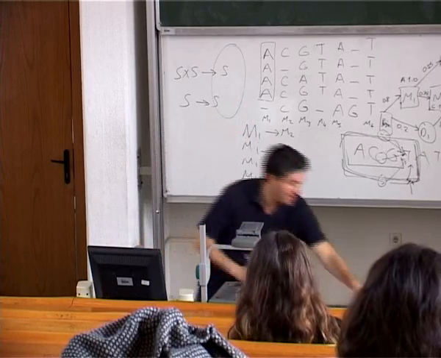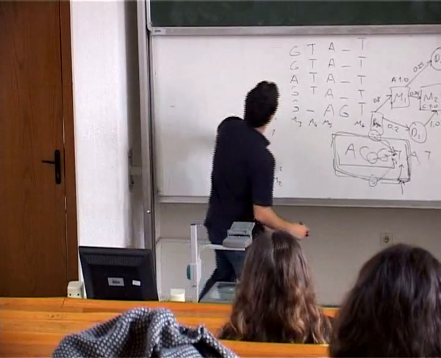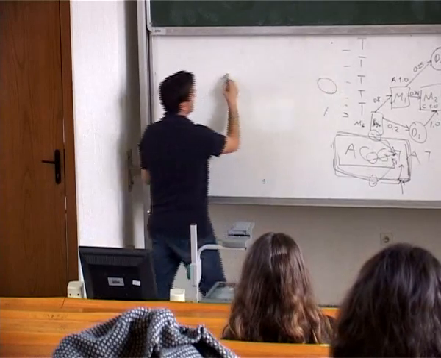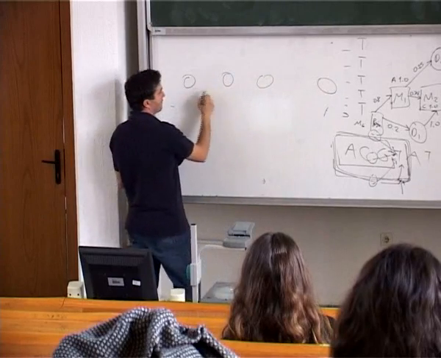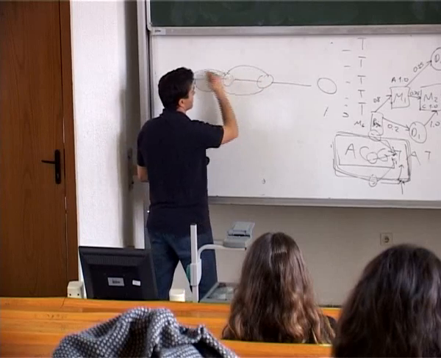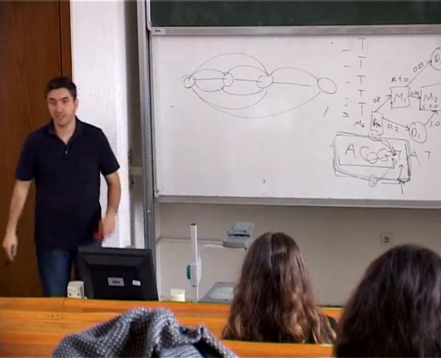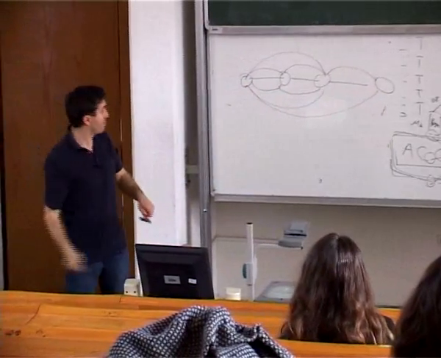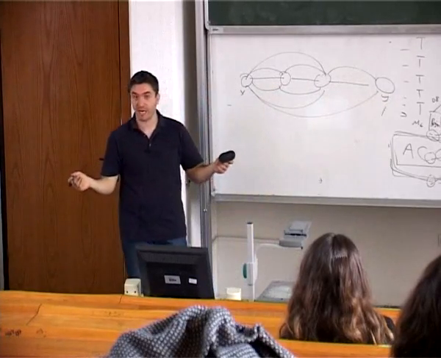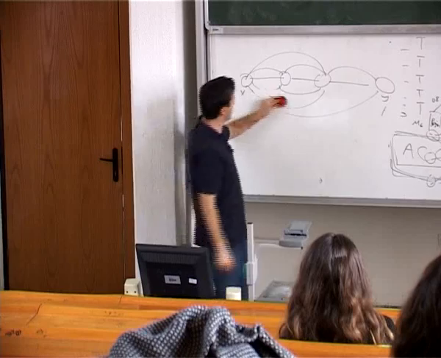I'm going to end here, and we are going to continue this next week. Imagine this was a graph. If we have a graph like this, the number of paths between node X and node Y can be huge. However, in a profile hidden Markov model we don't have a structure like this.